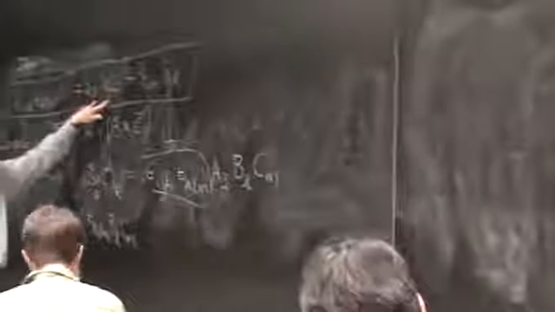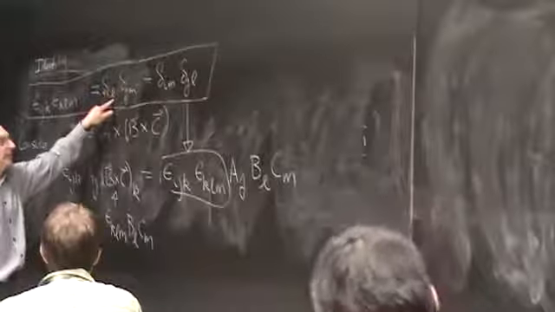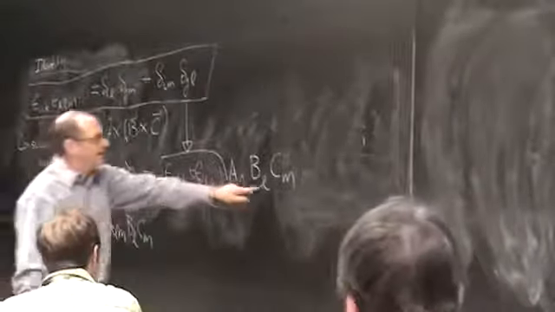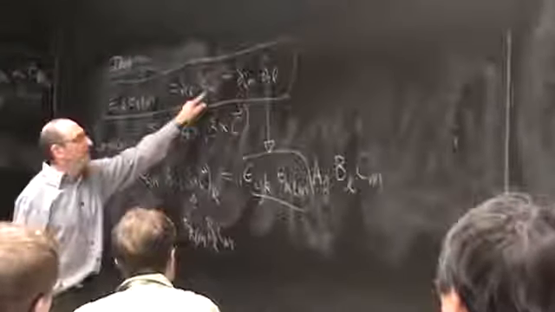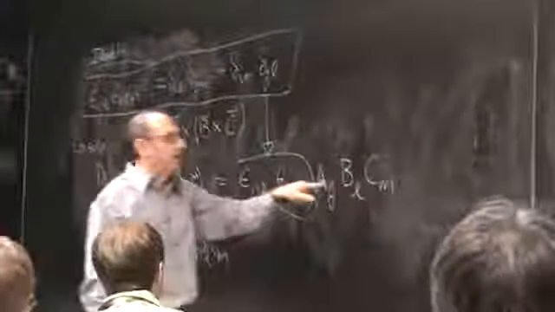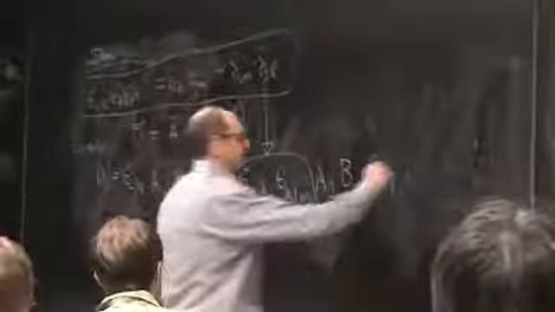Well, in the first term, I have the delta il, which means I replace l with i, and a delta jm, which means I replace m with j.